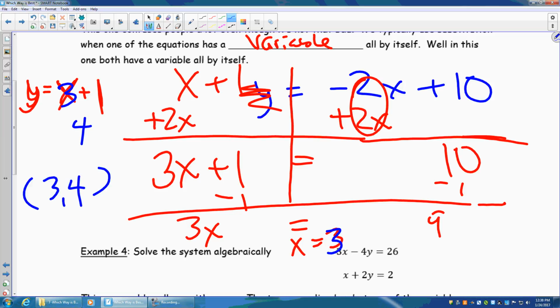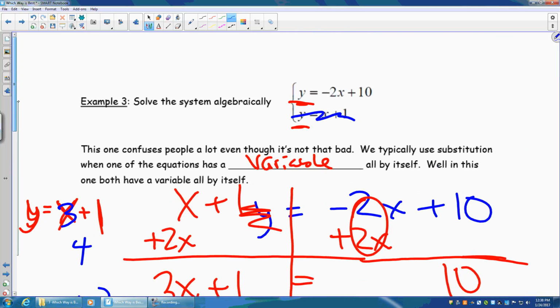Now, I had this one in these notes because I said you could really do it either way. How could I do elimination on this one? I'm not going to go full out and do it, but I just want to practice. How would I get rid of the x's? What could I multiply this bottom one by if I wanted to get rid of the x's?